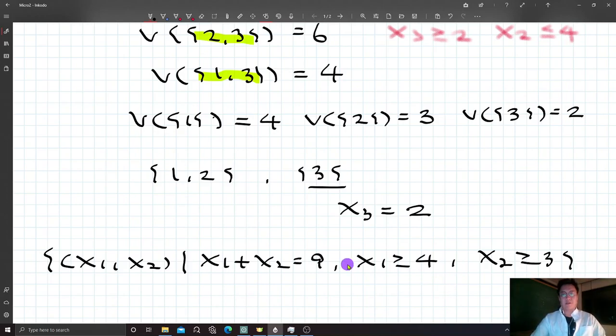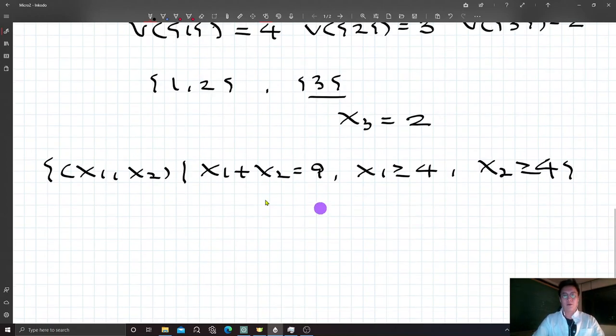So as long as x2 should be larger than 4, I guess. Otherwise, if x2 is smaller than 4, now player 2 will make a team with player 3, right? So it should be larger than 4. So any allocation x1 and x2 satisfying these three conditions can be sustainable.